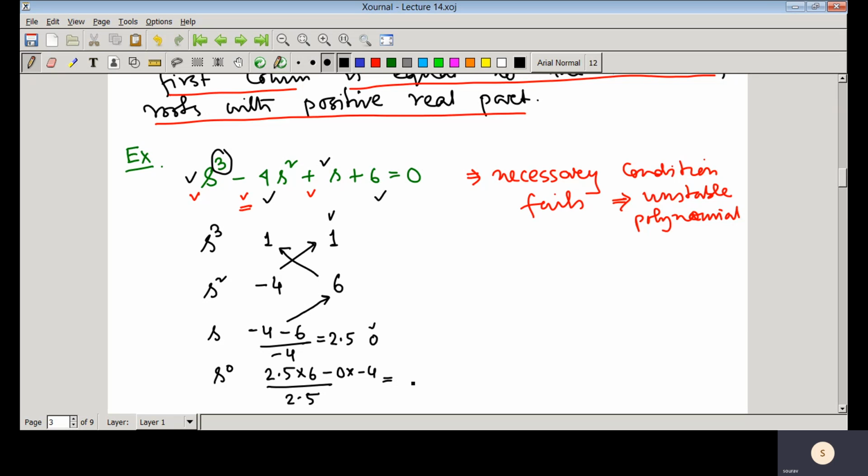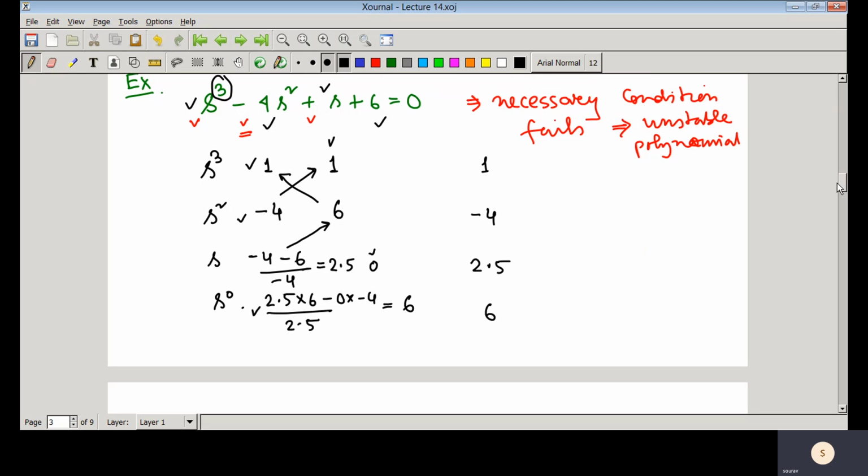So then we'll get 6 only. So this element is 6. Then we can see the first column: we have 1, we have -4, we have 2.5, and we have 6.